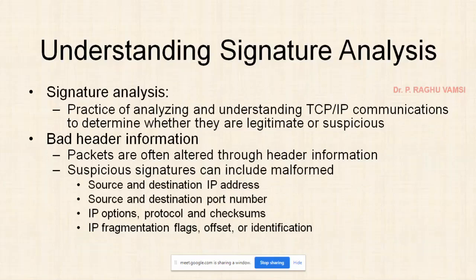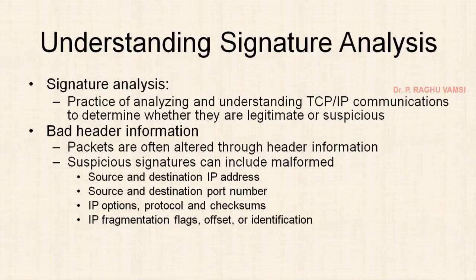Signature analysis is the practice of analyzing and understanding TCP/IP communication to determine whether it is legitimate or suspicious. In order to understand signatures, first you must have a strong hold on TCP/IP communication, in which we check not only IP addresses, port numbers, and TCP flags, but also bad header information.